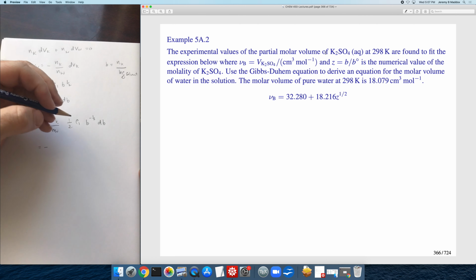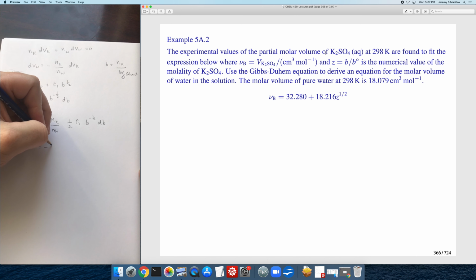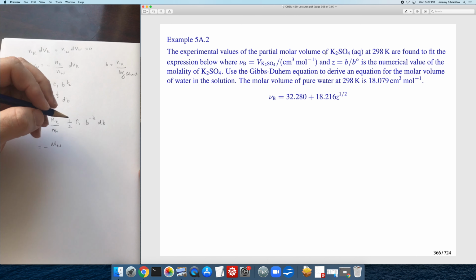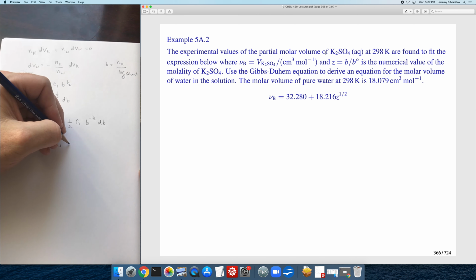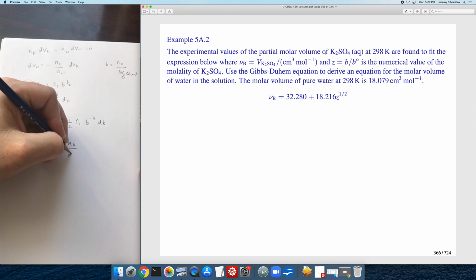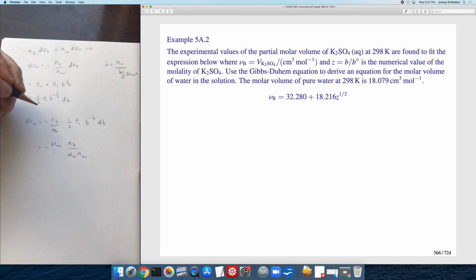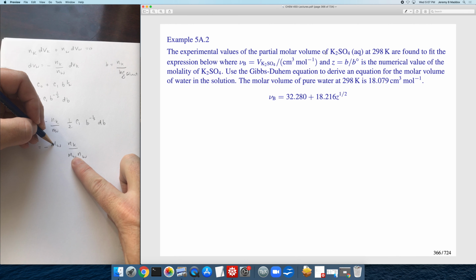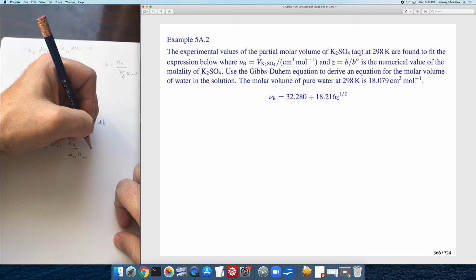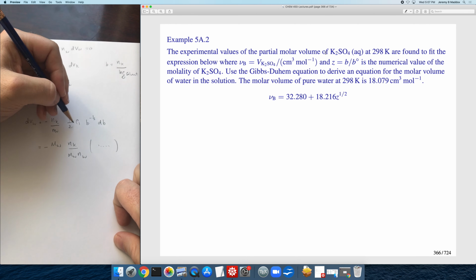So what we'll do is we'll multiply and divide by the molar mass of water. So then we'll have NK over molar mass times NW. So just multiply it and divide by the same number.